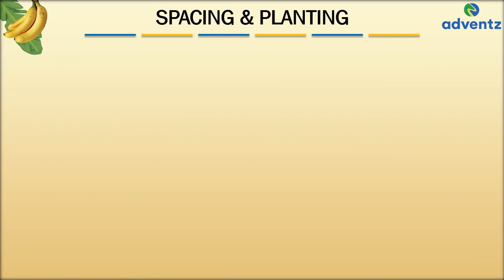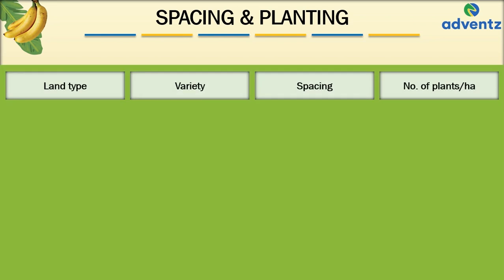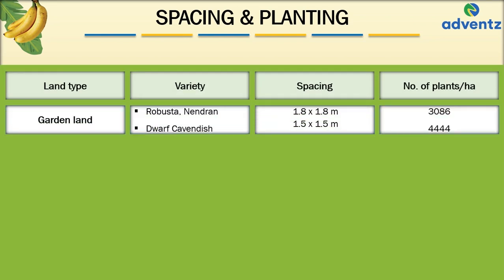The spacing requirement and planting requirement for different varieties for different land types. For the land type garden land, and for the varieties which are Robusta and Nendran, the spacing requirement is 1.8 x 1.8 meters and number of plants per hectare required are 3086.